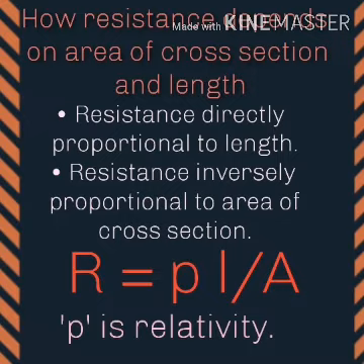Then we can write R proportional to L by A, or we can write R is equal to rho into L by A. In this equation it is not P, it is rho.